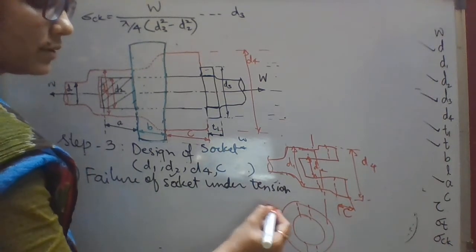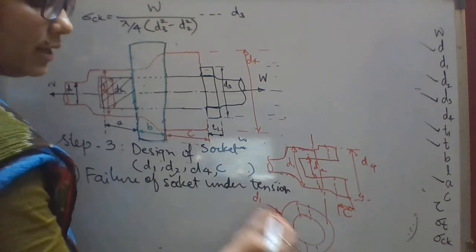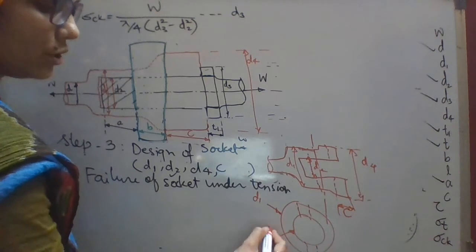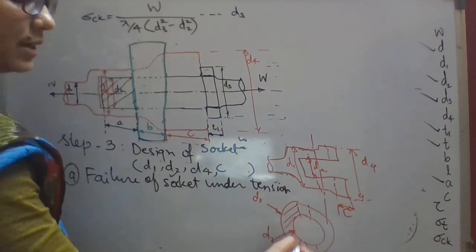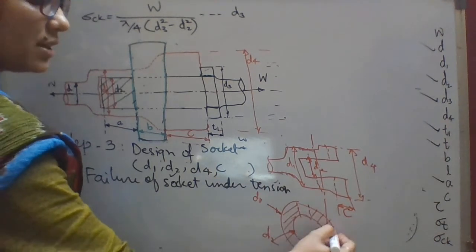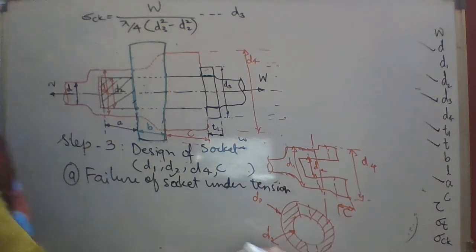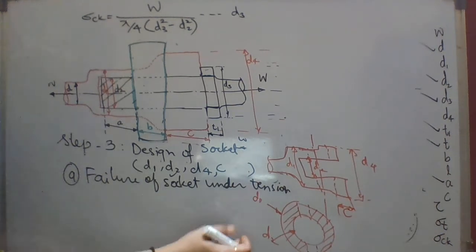So this diameter is D1 and inner diameter is D2. D2 पहले से पता है हमको. So this area is under tension. Same as we drew for the spigot, will draw for the socket. The only difference is socket will look like a hollow shaft. Hollow shaft का जैसा साइड भी होता है उसकी तरह दिखेगा. So this is the smallest possible area, the weakest section.